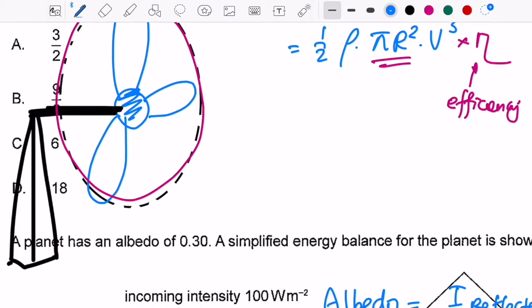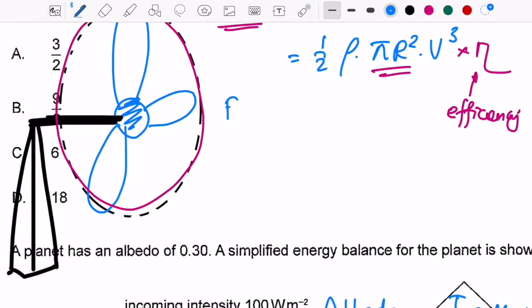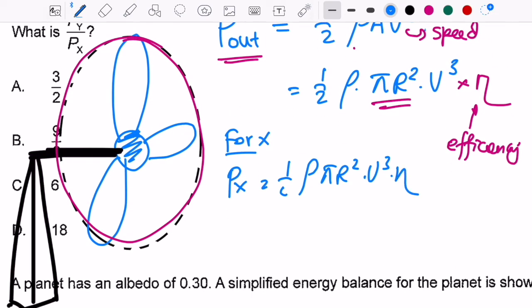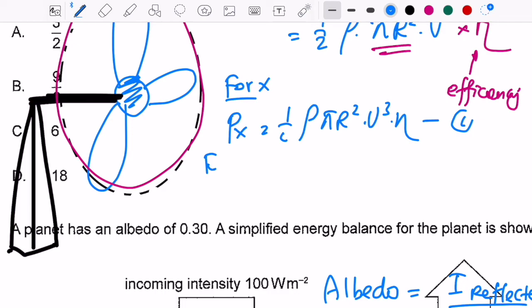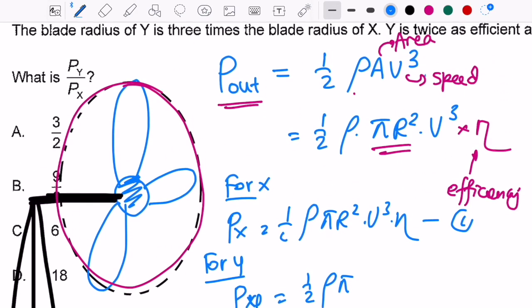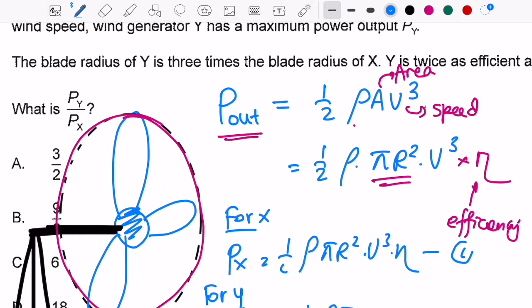So in this case, for x, we can write the power of x is half rho pi r squared v cubed times efficiency eta. This is the first one. For y, the power of y is half rho pi, the radius is 3 times, right?